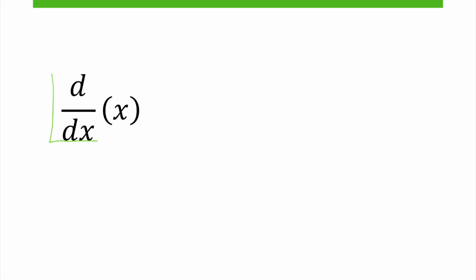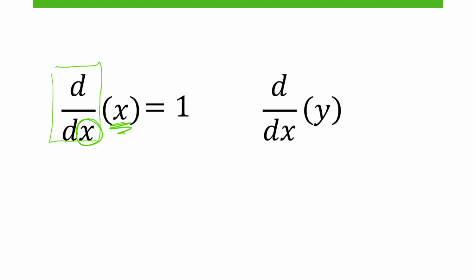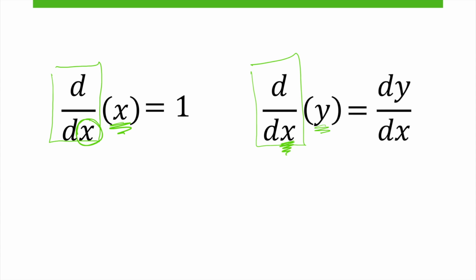This says we're taking the derivative of x with respect to x. And the derivative of x is 1. We've learned that before. Now, what happens if we take the derivative of y, but still with respect to x? The derivative of that is dy/dx.